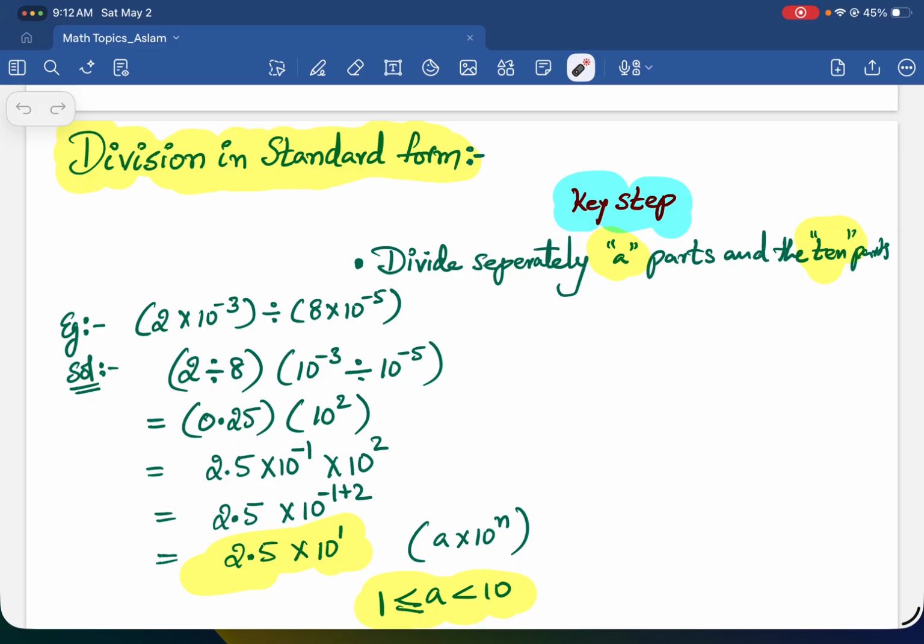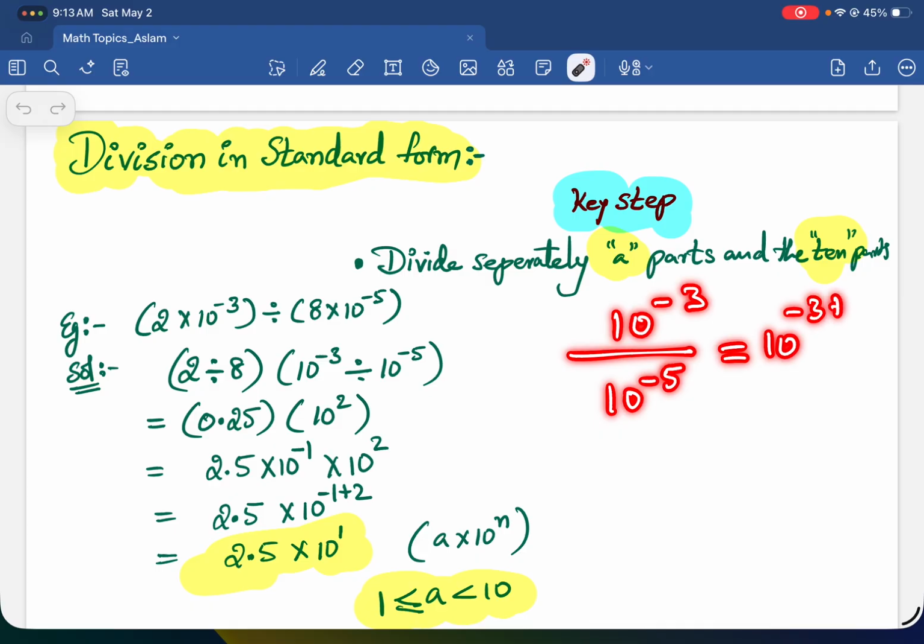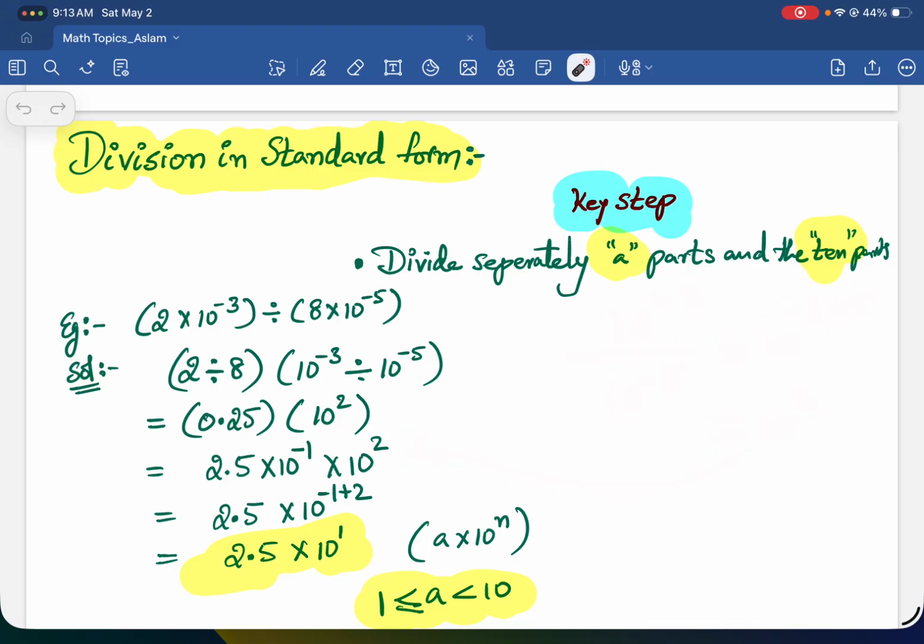I'm just doing here 10 to the power of -3 divided by 10 to the power of -5, which can be written as 10 to the power of -3 plus 5. When -5 goes in the numerator, it becomes positive. So we get 10 to the power of 2.